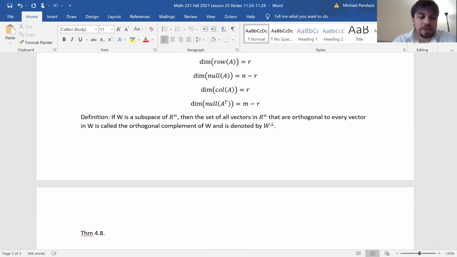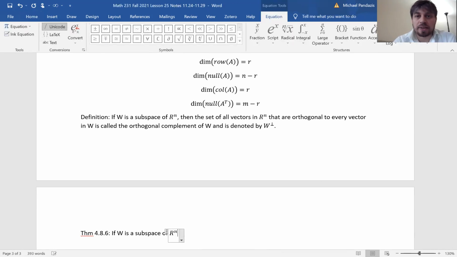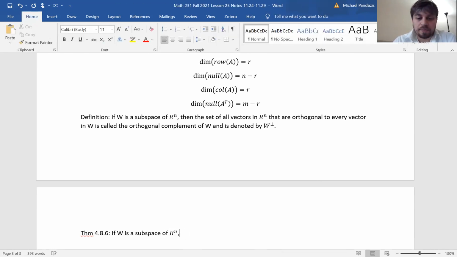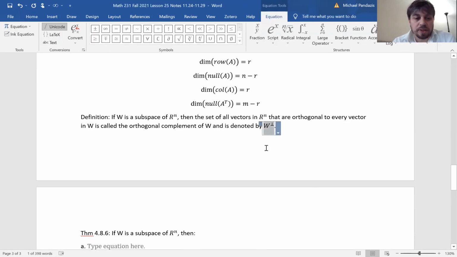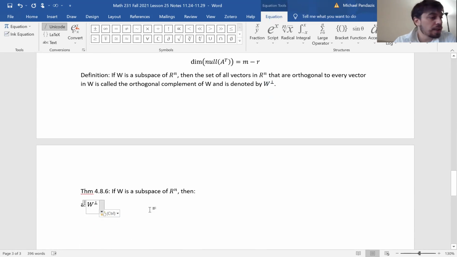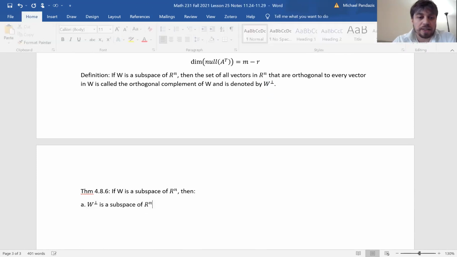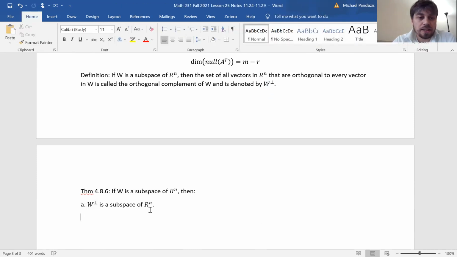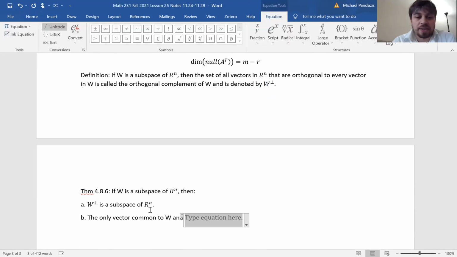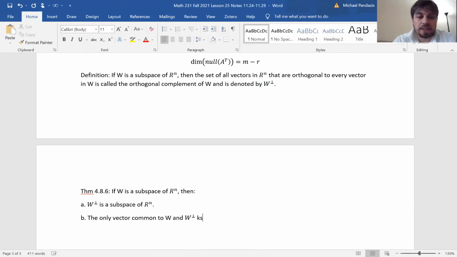So theorem 4.8.6. If W is a subspace of Rn, then A, W perp, the orthogonal complement of W, is a subspace of Rn. B, the only vector common to W and W perp is 0.